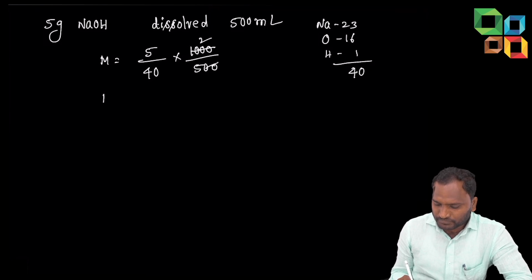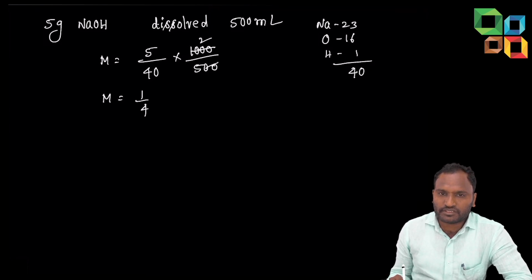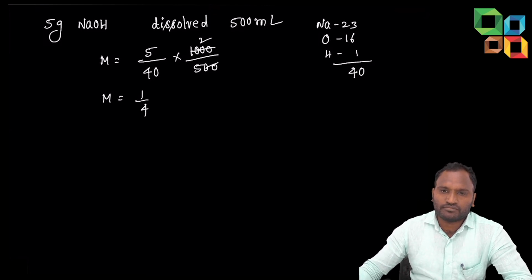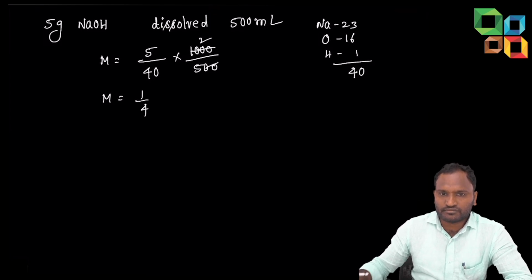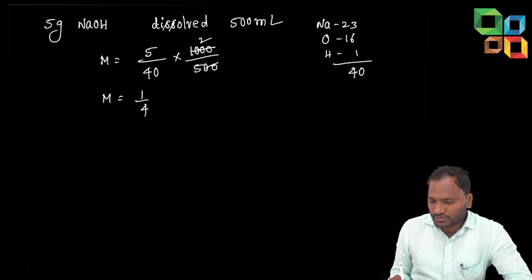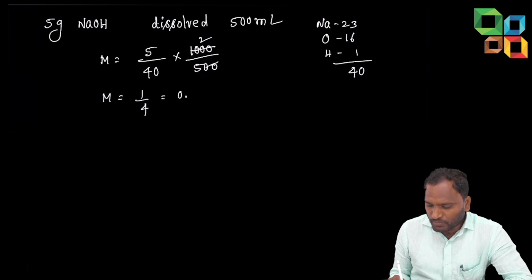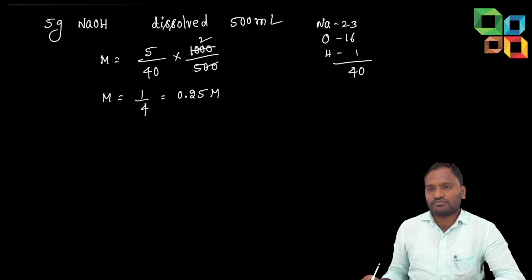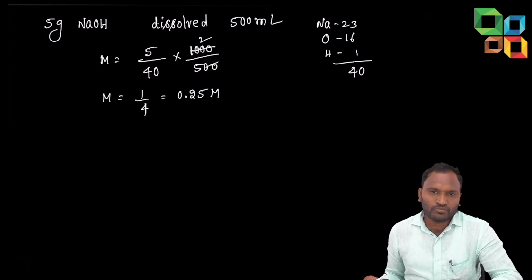Yeah, Tripti correct. Sandra correct. Dhanush correct. Srivani correct. So 1 by 4 we get, which is equal to 0.25 molar.